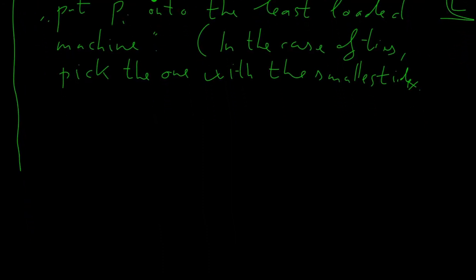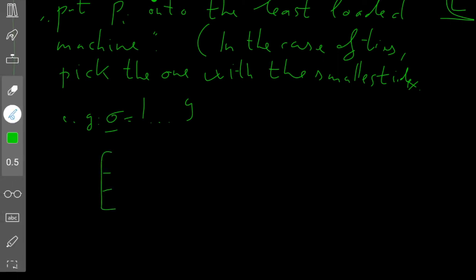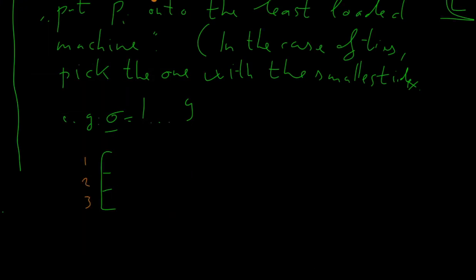Now the list algorithm runs as follows on this input. If we have this sigma from 1 to 8 just as before, and we still have 3 machines, this is the first machine, this is the second, this is the third one. So 1 will be put here because each machine has a load of 0, and amongst the 3 machines, this is the one with the least index. Now the 2: I'll just keep track of the load here.